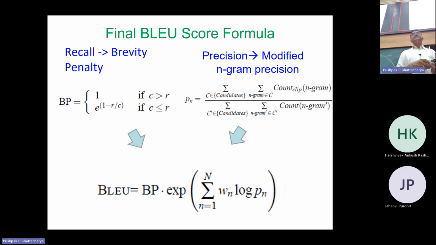Now, what is this e to the power? It is e to the power sum over n equal to 1 to N of Wn log Pn, which is equal to log of Pn to the power Wn. And summation of logs is log of products. And e to the power log gives you the product itself.